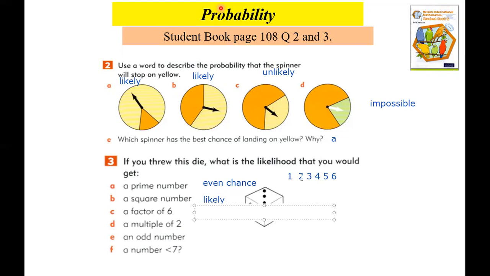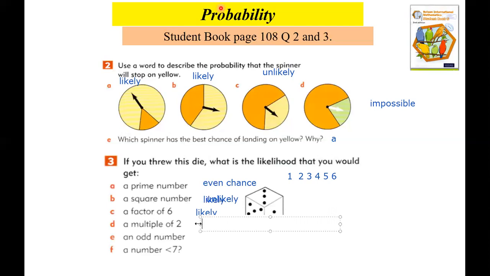So 1, 2, 3, 4. So it is likely. Oh, sorry, this will be square number 1 and 4. So it is unlikely because we have only 2.